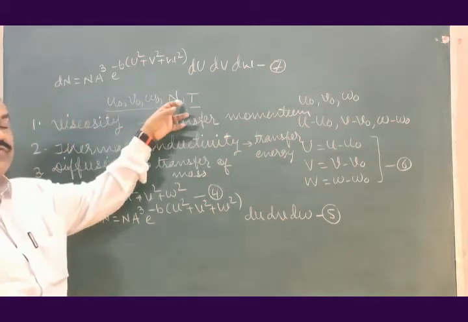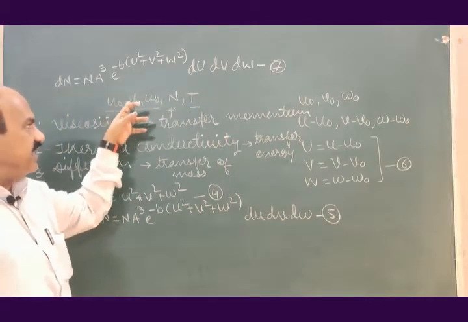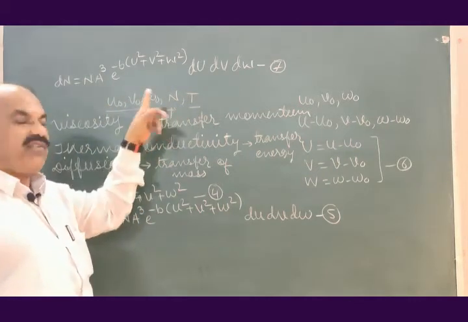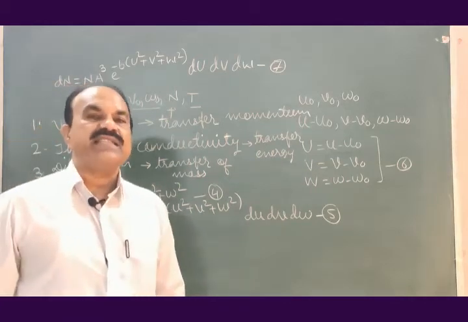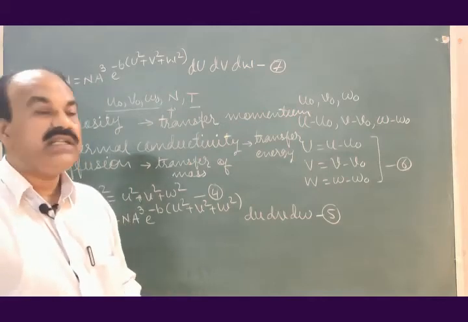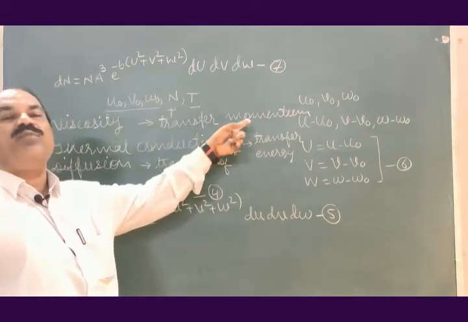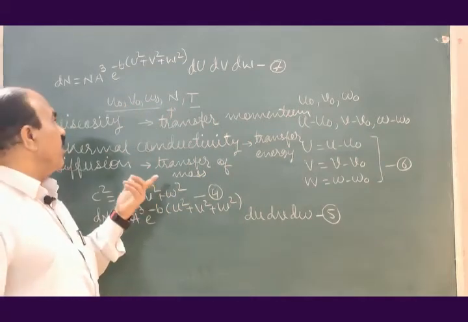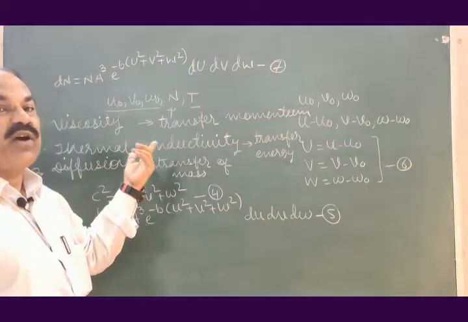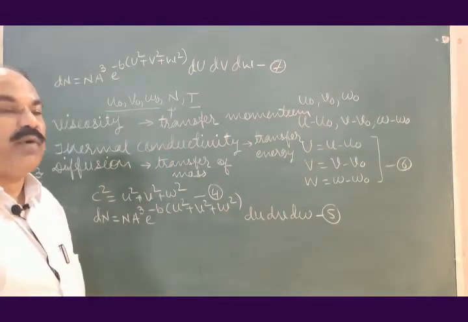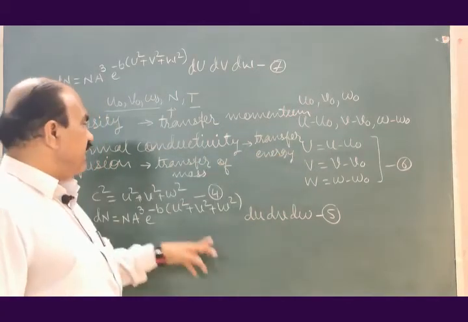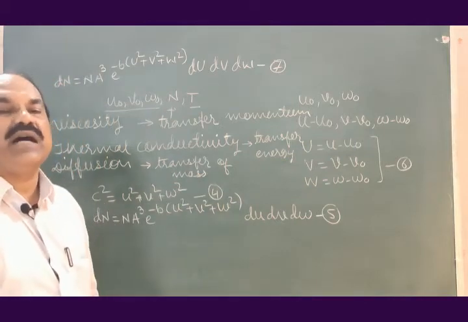As these three parameters, velocity components, the temperature and the concentration of gas molecules, are not constant for the given gas, there will be transfer of momentum from one region to another region in the form of layers. There will be transfer of energy, there will be transfer of mass.